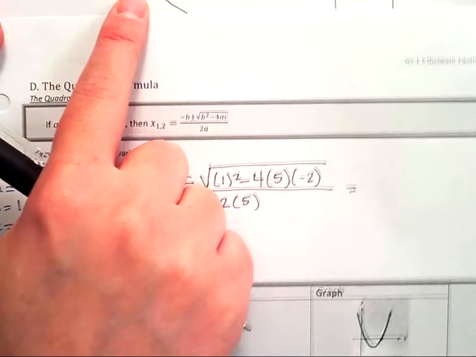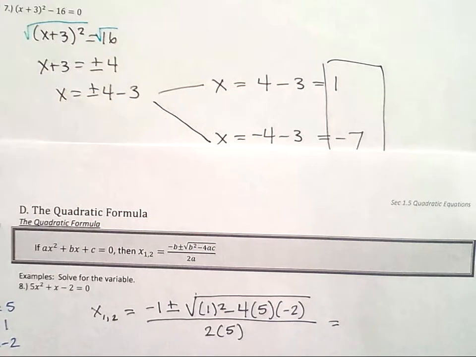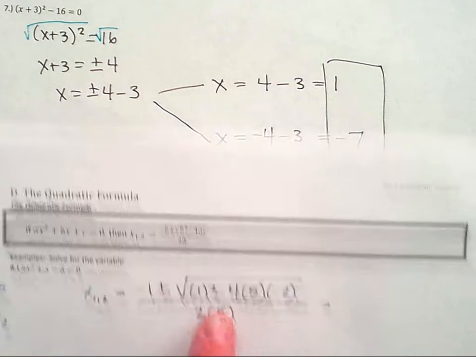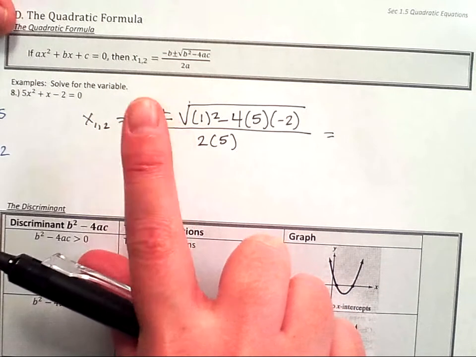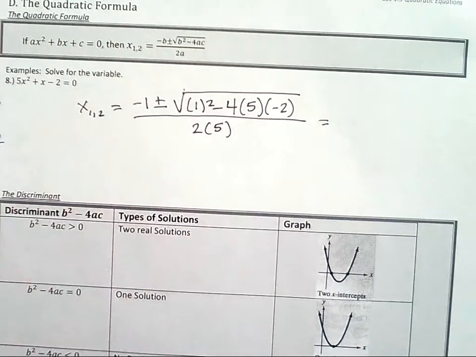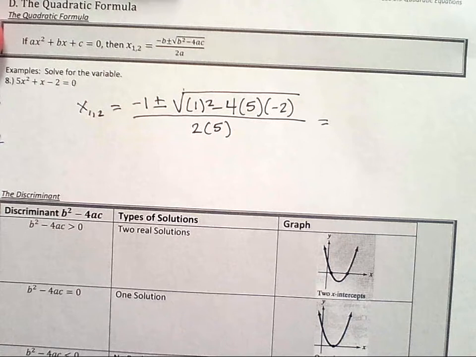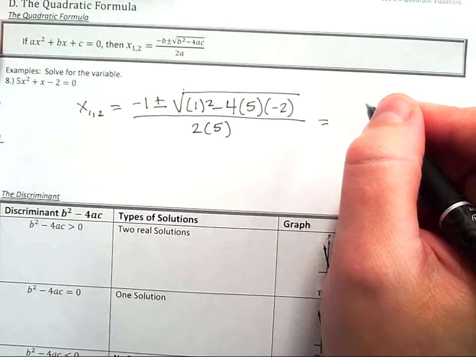We put plus or minus, then we subtracted 3, right? And then we split it up. That's what we're going to do. If you want to do it 2 separate times, all these calculations underneath the square root are going to be the same, whether this is plus or whether this is minus. So I like to do it all together, and then once I simplify it as much as I can, then split it up. Okay, so 1 squared minus 4 times 5 times negative 2 is what?